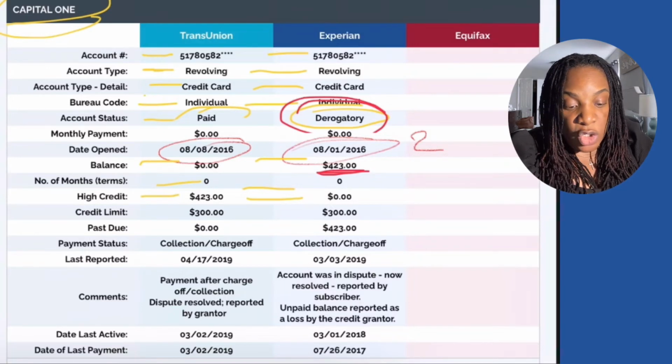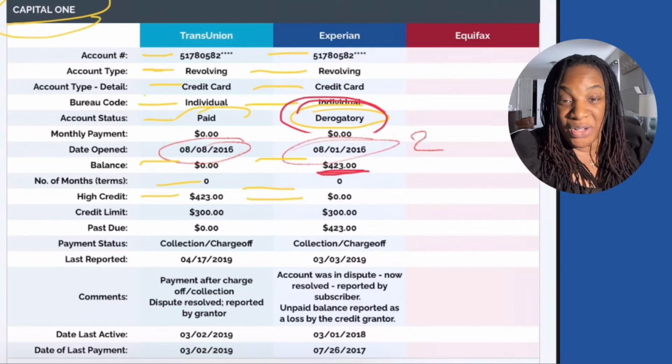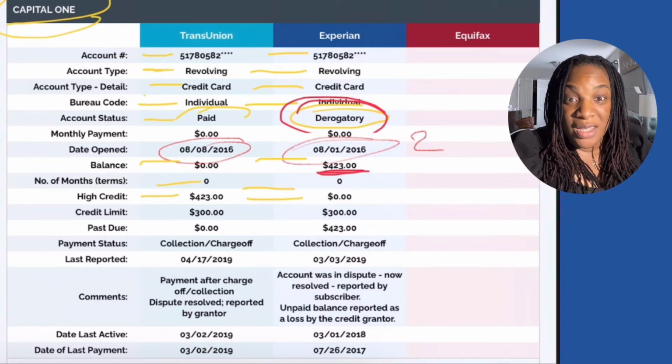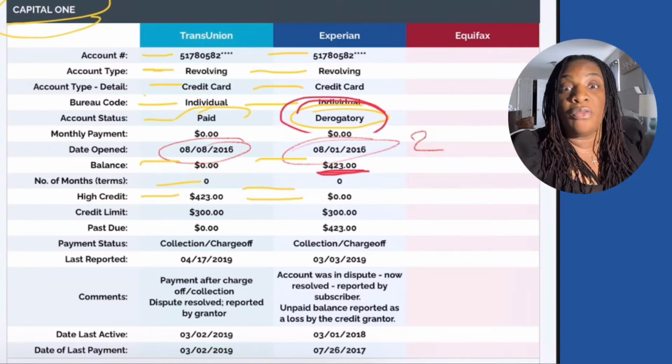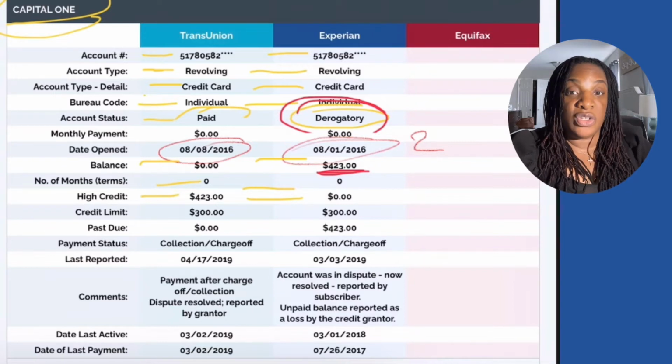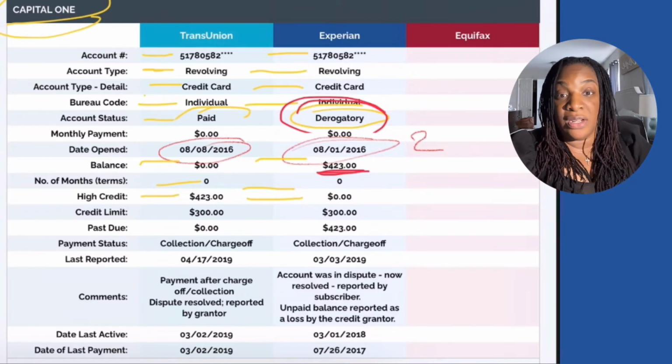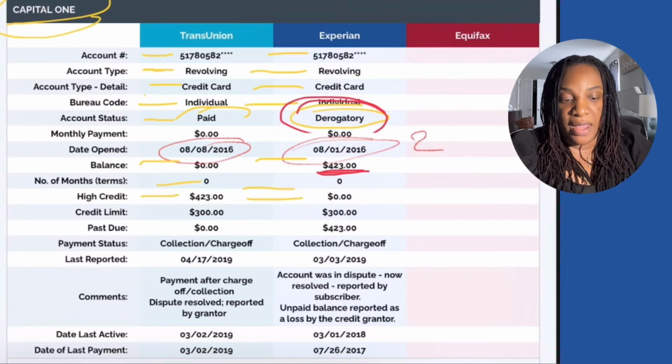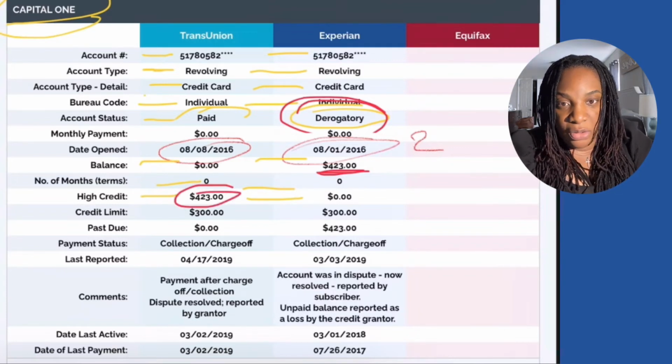For instance, if your credit limit is $300 and you go over your credit limit $123 to make it $432, they're going to make sure that they capture the fact that you went over your credit limit and put it on your credit report, the high credit balance, so that when a lender looks into your credit report to see if they want to extend you a line of credit, if you apply for anything, they're going to say, oh yeah, she's gone over her credit limit. I mean, that looks bad. You don't want that on your credit report. So, I mean, I dispute that.